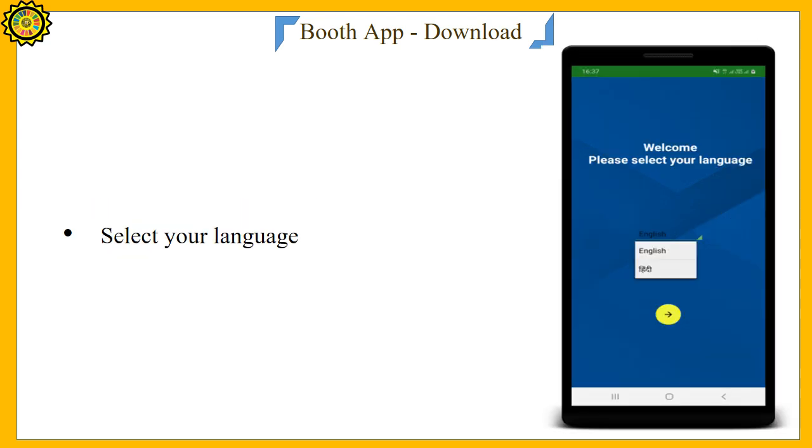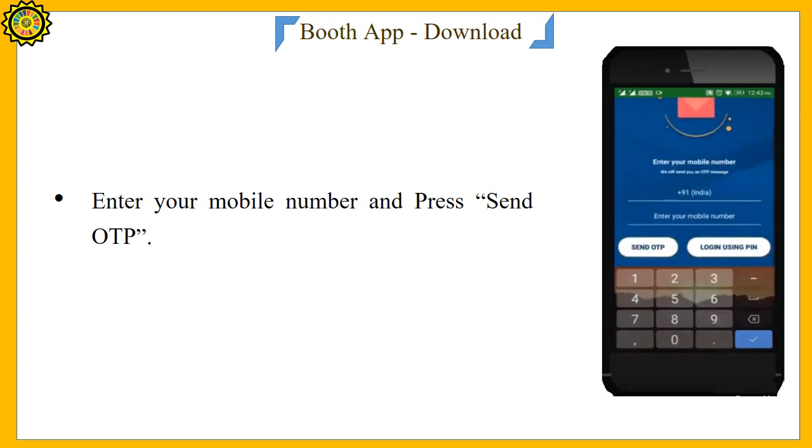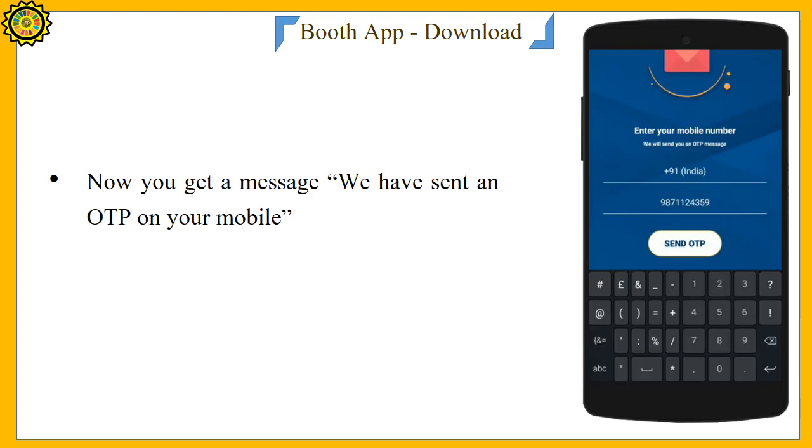Then select your language. Now you will get the screen as shown in the figure. Enter your mobile number and press send OTP. Now you get a message: we have sent an OTP on your mobile phone.